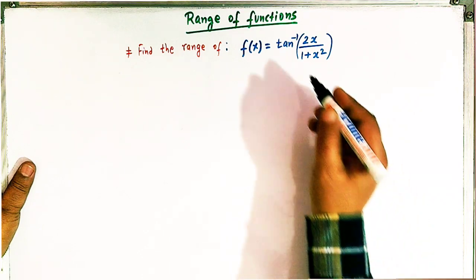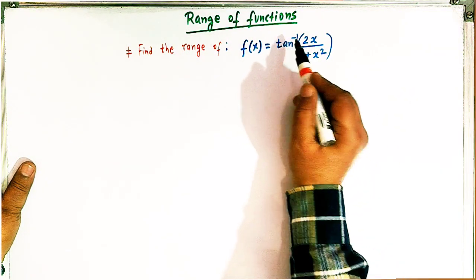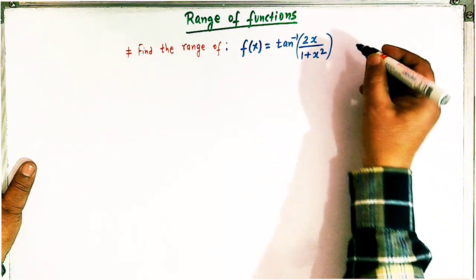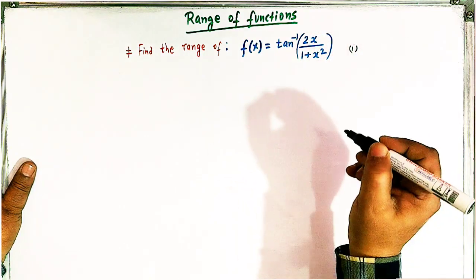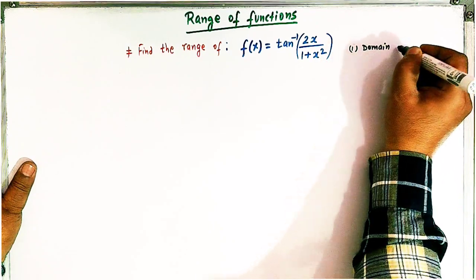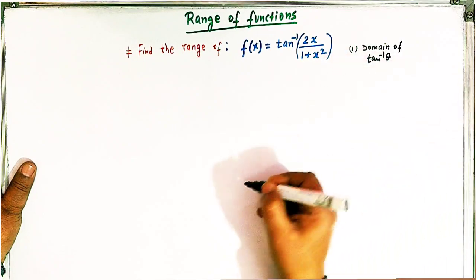So viewers, here we have an inverse function, that is the tan inverse function, and to find out the range of this function, we have to make use of some important concepts. The first one is the domain of the function, that is tan inverse theta, right?